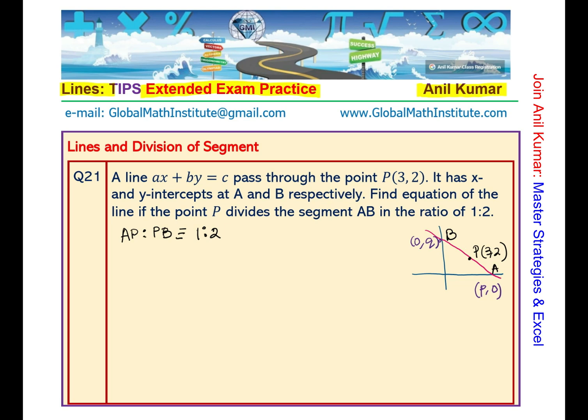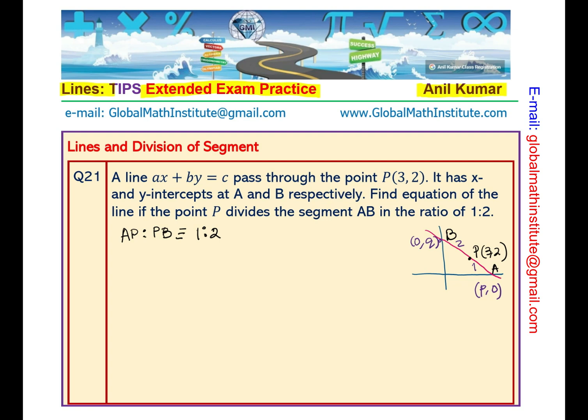So q becomes the y-intercept, p is the x-intercept, and we have the situation as given here. Now, since point P divides the segment AB in the ratio of 1 is to 2, how is point P related with p and q? This is what we need to figure out.